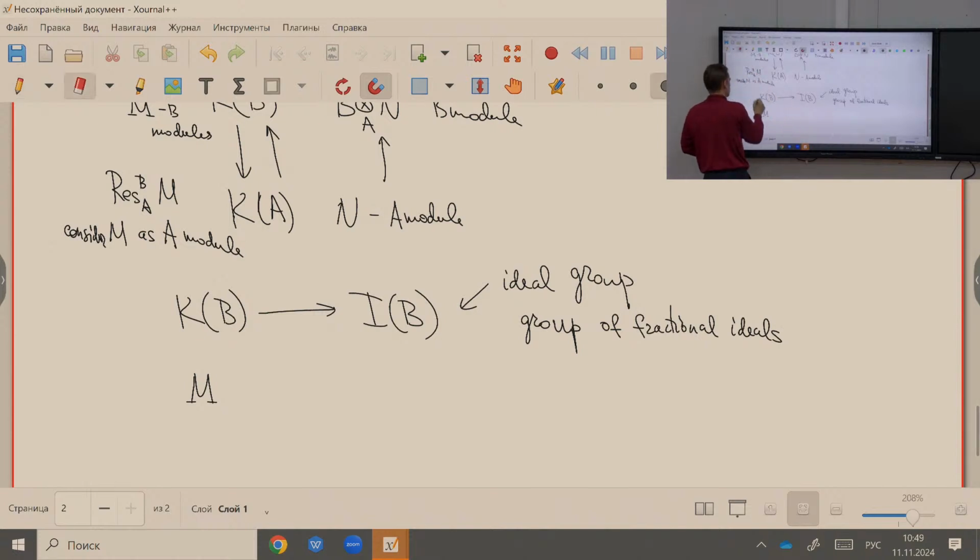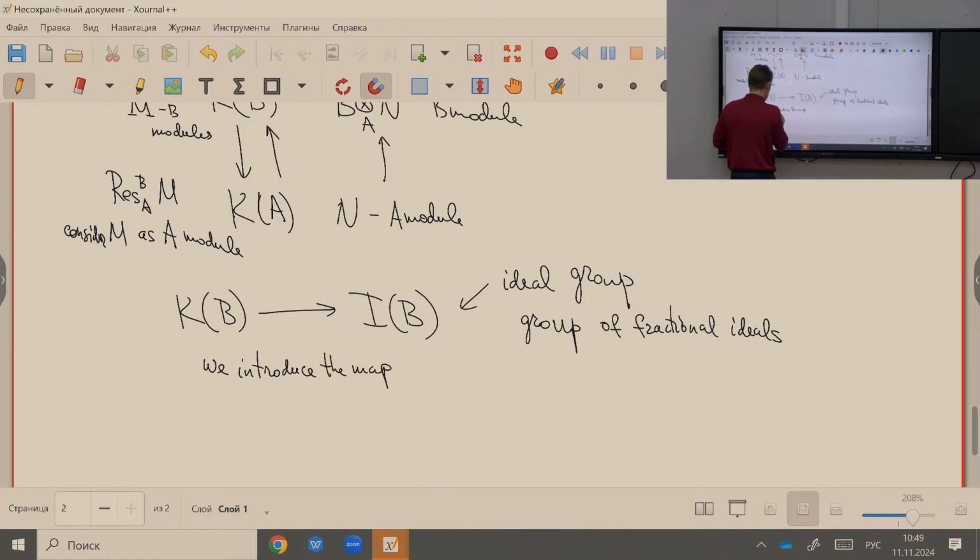Yes, so we introduce this map, such that B maps to the trivial ideal. I mean B maps to B, but B is a trivial element here. So this class is a unit element.